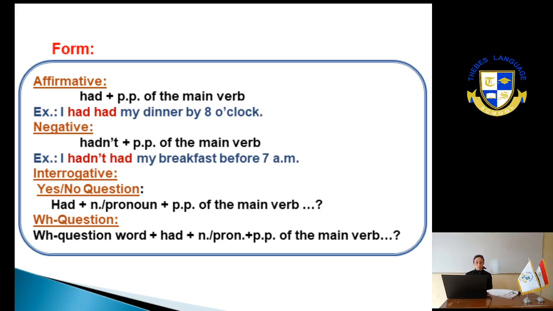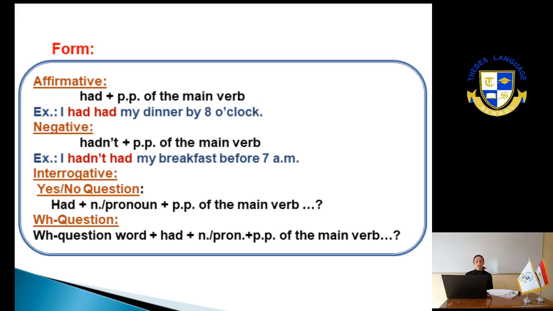The form. Of course, all of you know that any tense in our English language should be divided into 3 important parts: affirmative, negative, and interrogative, or the question form. Let's start with the affirmative. So the form is going to be as follows: had plus verb in the past participle, which means the third form of the verb.